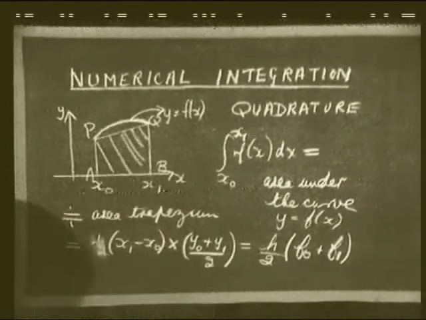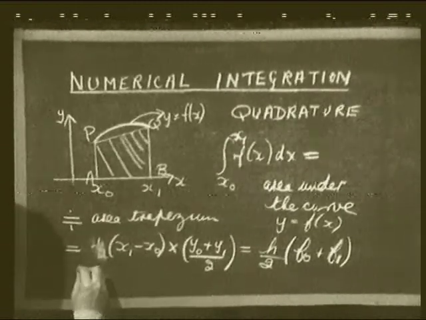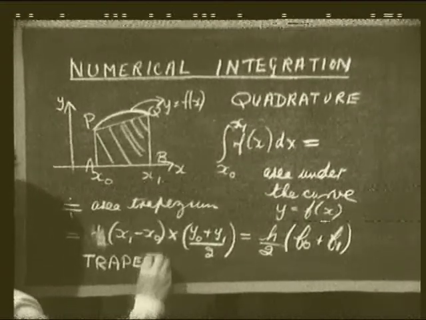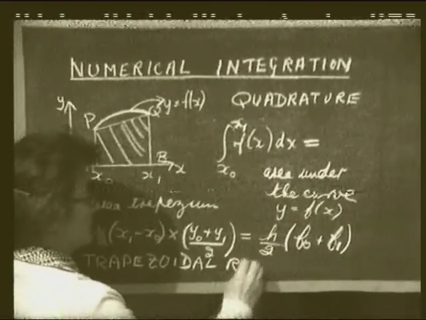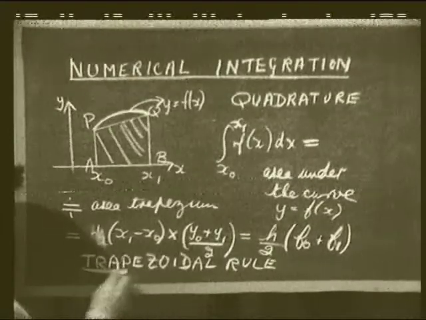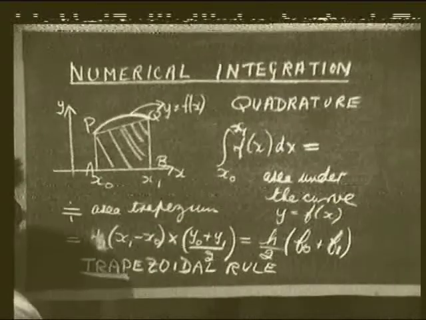They both mean the same thing. That's a very simple formula, and I know you've all seen it before, and it's called the trapezoidal rule, or sometimes just the trap rule for short. But it's just a simple geometric conception here.